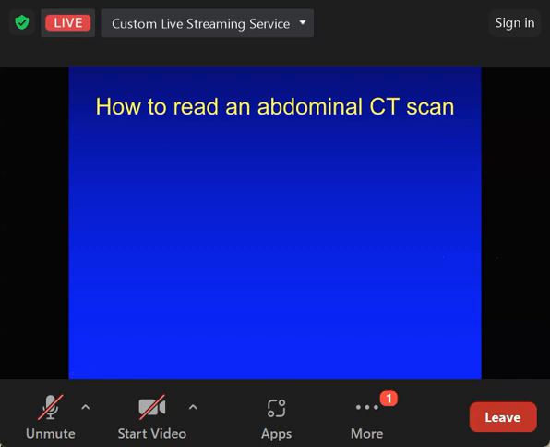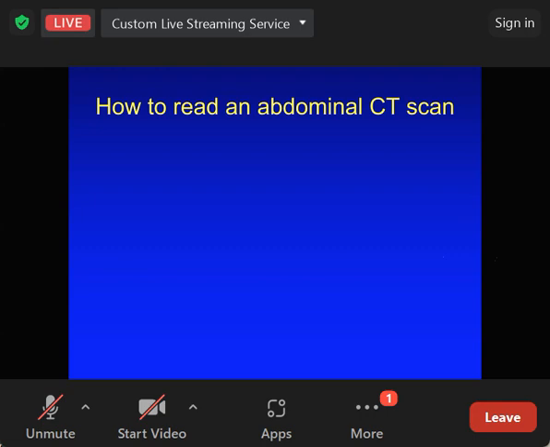So this is how to read an abdominal CT scan. And this is useful for radiologists and non-radiologists. It's really aimed more at non-radiologists. In the old days, non-radiologists had to be proficient in reading chest x-rays, abdominal x-rays, obviously extremity x-rays if you're an A&E doctor.